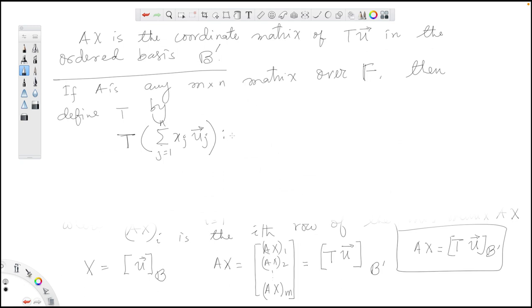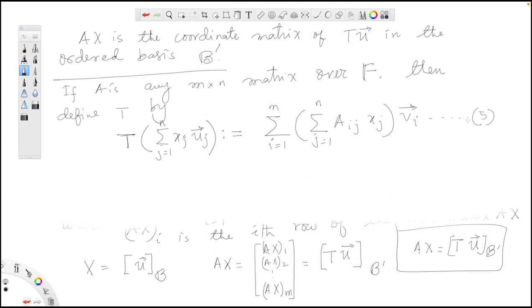And I'm defining this using this expression, which was our equation number 3. I'm just rewriting equation number 3: sum over i from 1 to m, and then sum over all j's of these expressions a_ij x_j, and multiply those with v_i, and then sum over all i's. So this is our equation number 5.